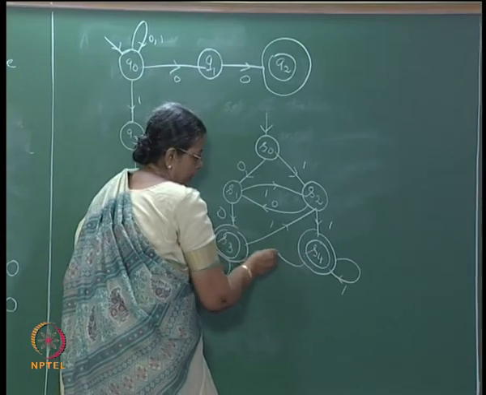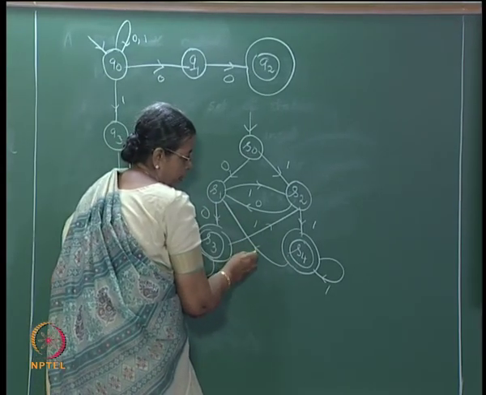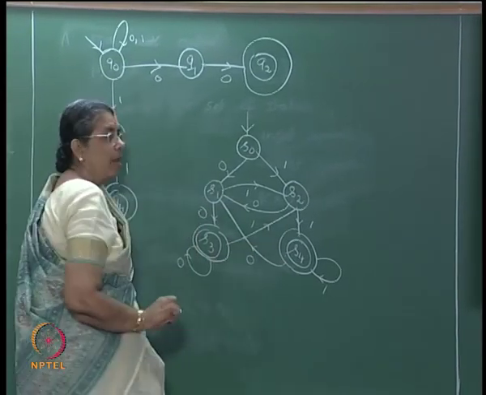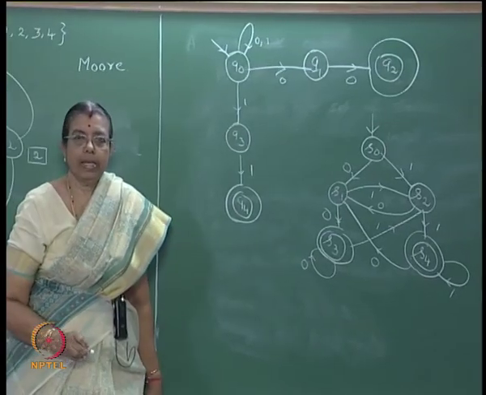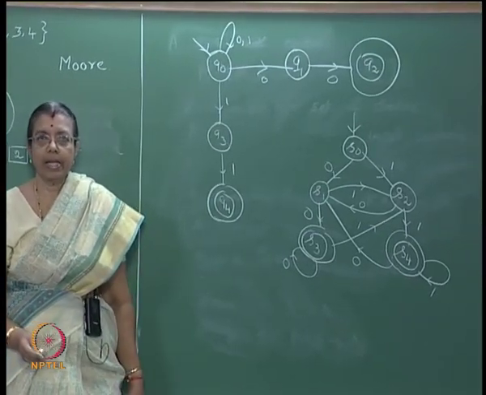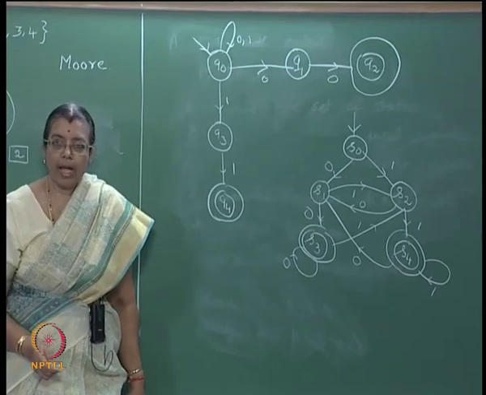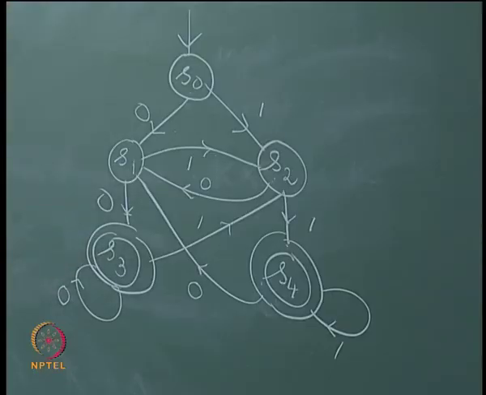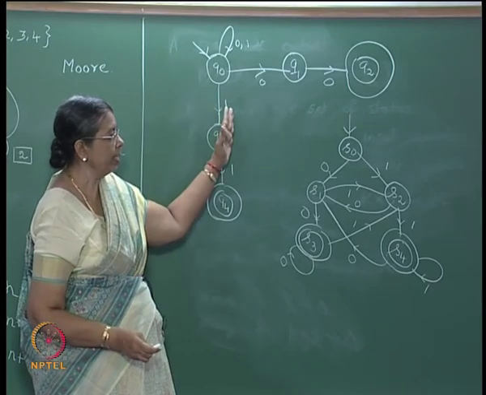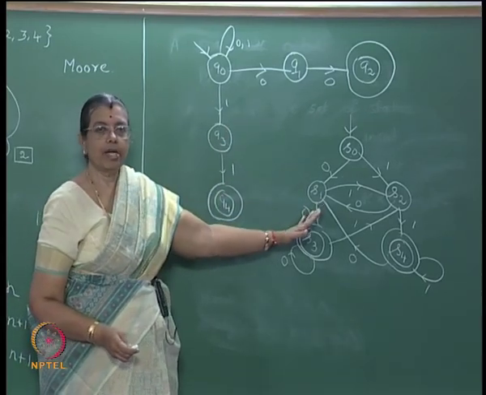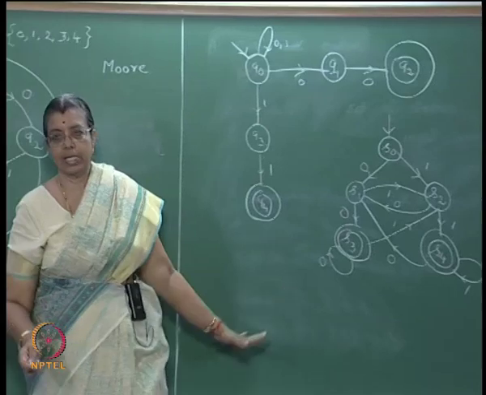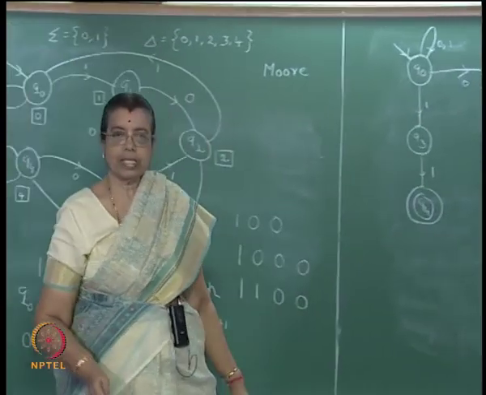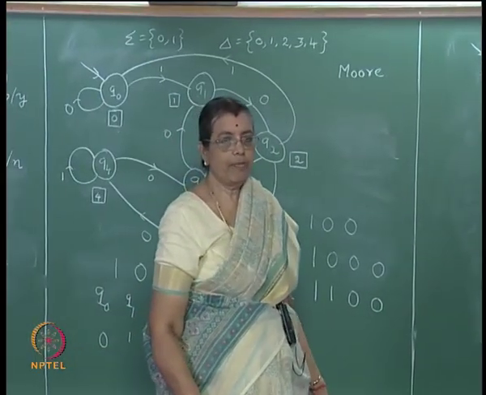If I get a 0, I have to go here. Please note that this is a deterministic diagram. And how many states we have? We have 5 states. The non-deterministic one also had 5 states. The corresponding deterministic automaton, I have not used the subset construction, you can use the subset construction and check, you will end up with 5 states.